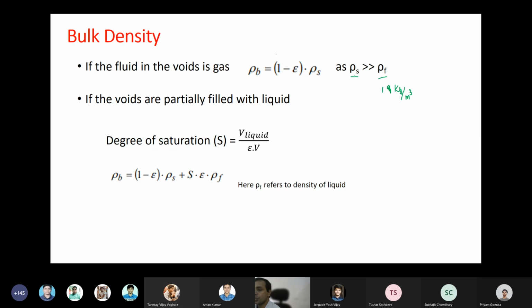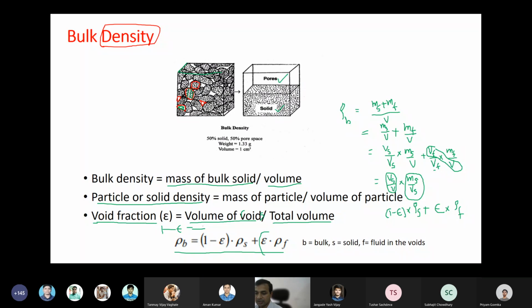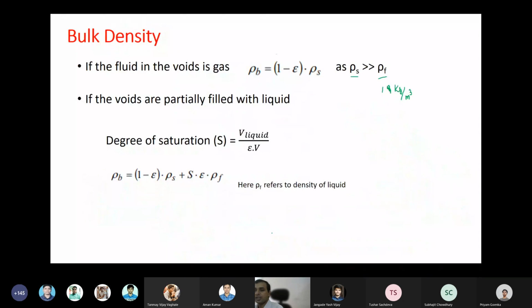So the ratio of the solid to fluid density will definitely be greater than 1000. That's why often they neglect the second term. We can use the formula, or we can neglect the second term because the density of the fluid is very low.